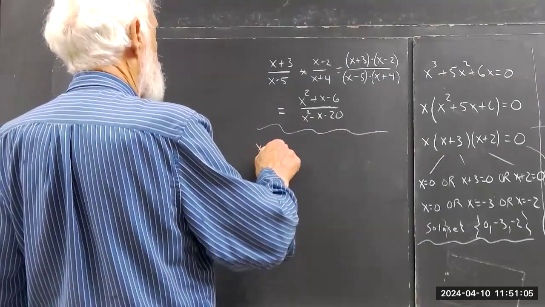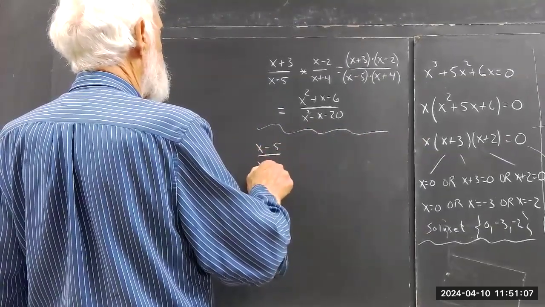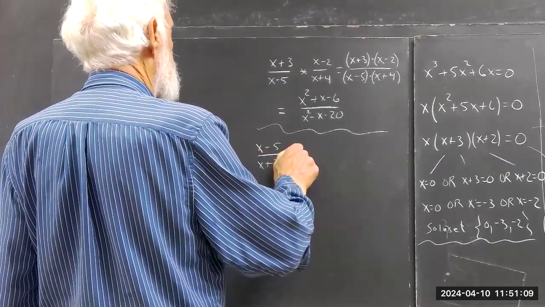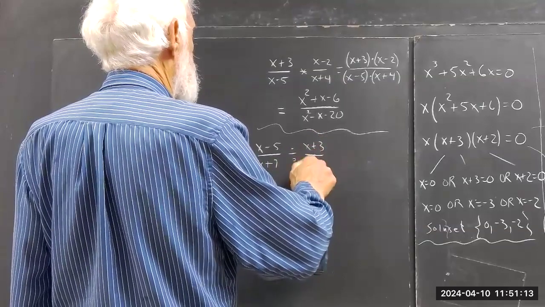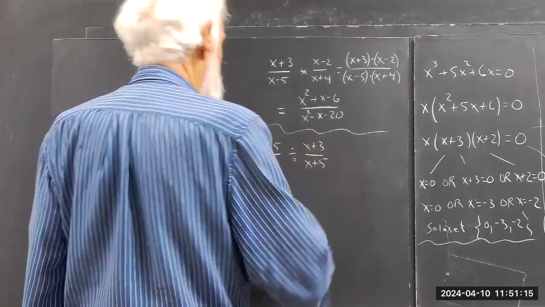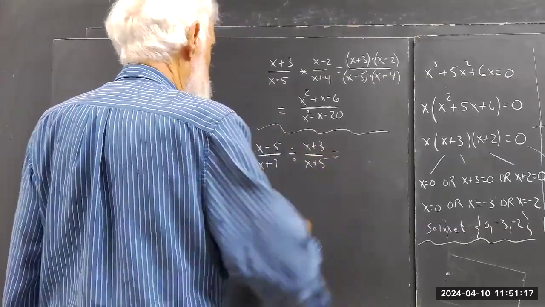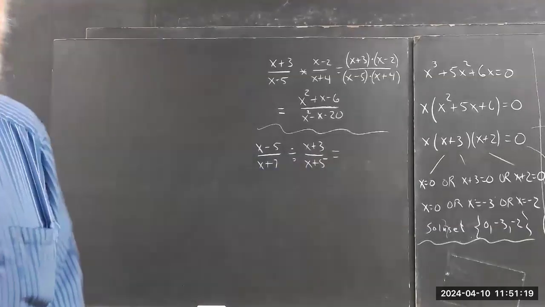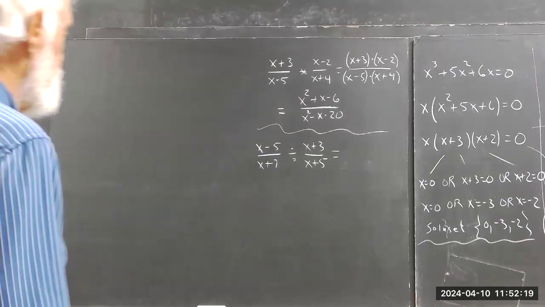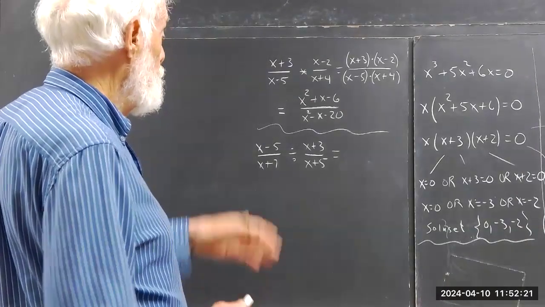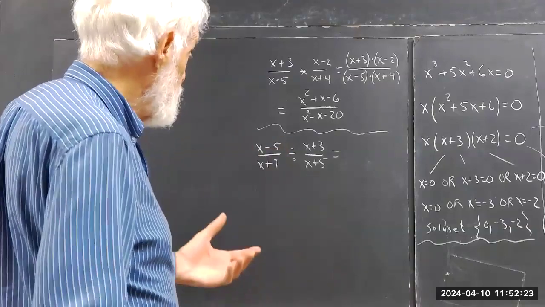Let's try (x minus 5) over (x plus 7) divided by (x plus 3) over (x plus 5). What's that going to equal? Okay, well, not everybody's done, but everybody did do the correct first step.